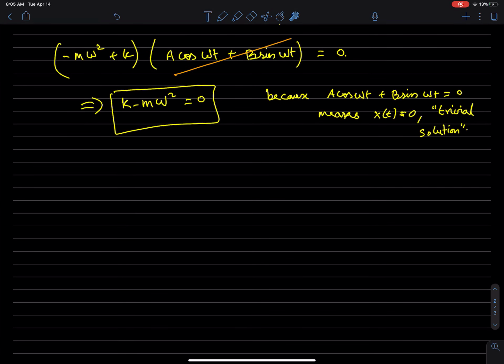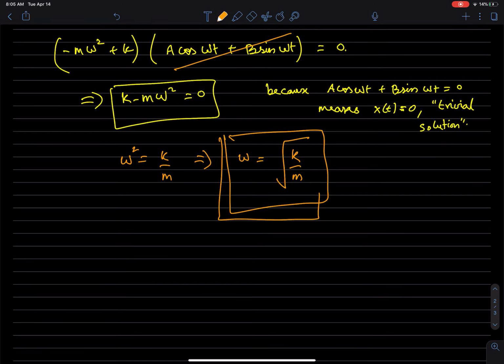So what does this quantity tell us? Well, k is a constant, m is a constant, and omega is something that we assumed in the form of the solution as some kind of unknown frequency. So let's solve for omega. Omega square equals k over m, or omega equals square root of k over m.